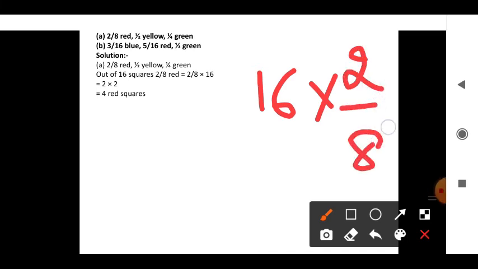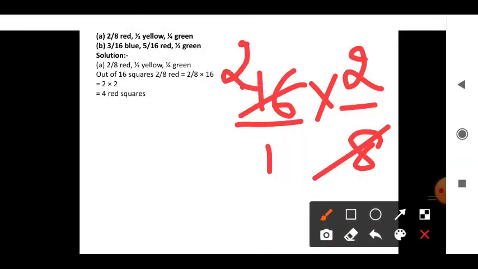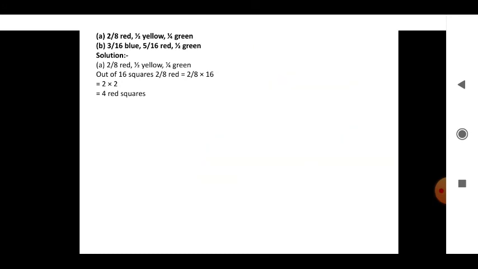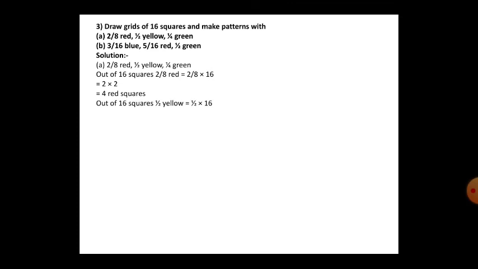Totally 16 grids are there. So 2 by 8 red means how many you have to color with red? You have to find: 8 ones are 8, 8 twos are 16. So 2 into 2 is 4. So totally how many you have to color with red? 4 squares.